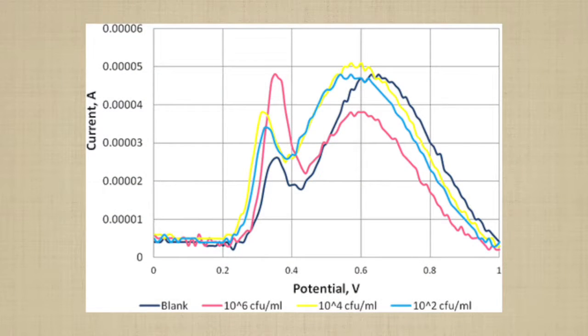Then they have a DPV sensorgram for the detection of E. coli at different cell concentrations, such as 10^2, 10^4, and 10^6 colony forming units per milliliter. The peak current of the graph for gold nanoparticle increases with increasing cell concentration.